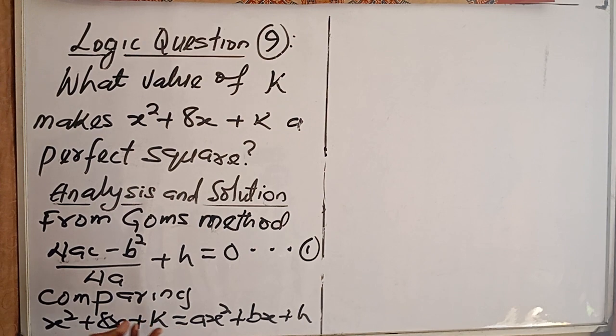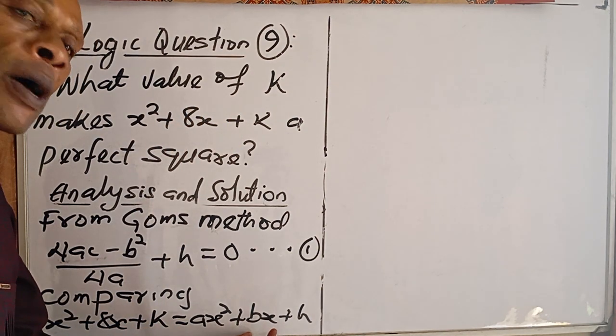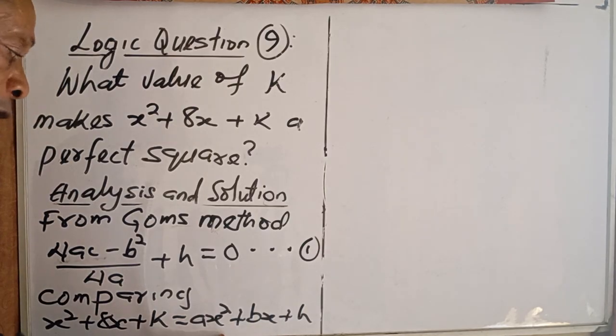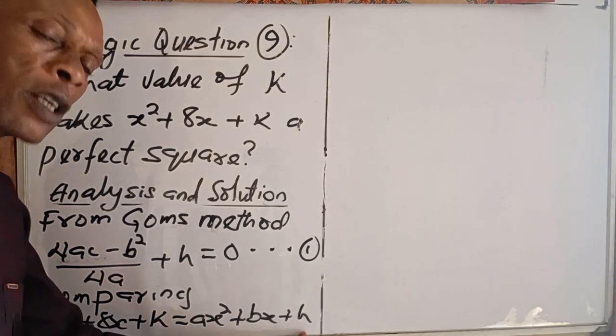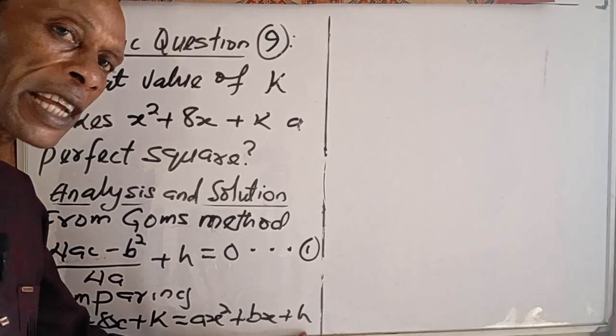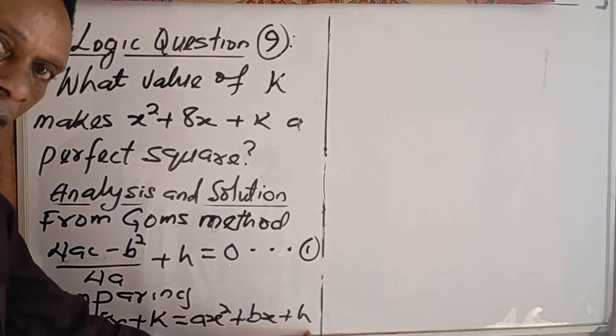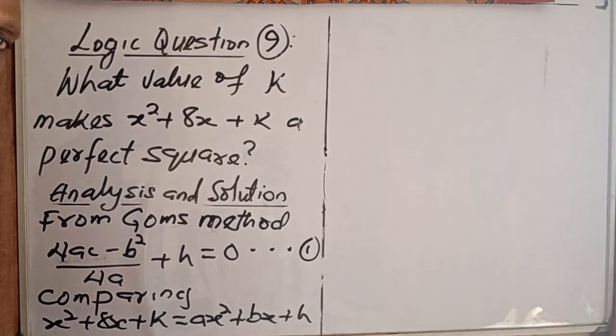I'm not comparing this expression with the general quadratic format of ax squared plus bx plus c; I'm using h instead of c here. So see how you apply it.